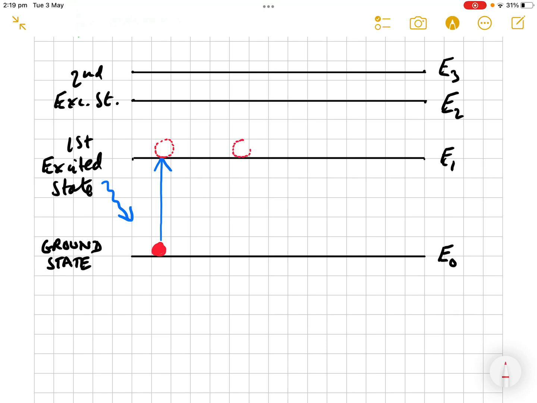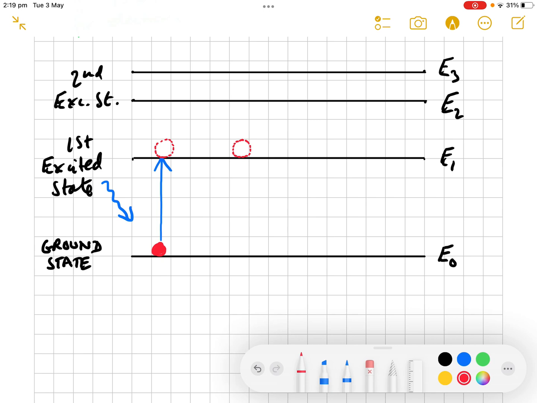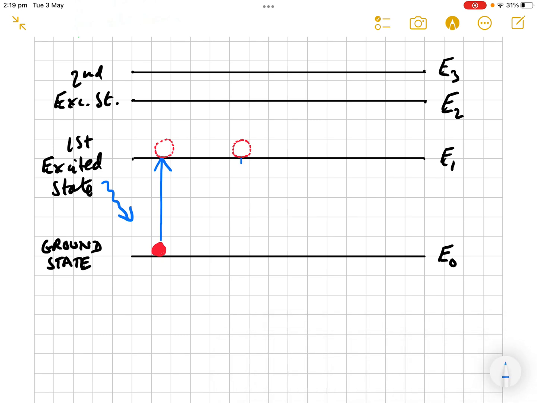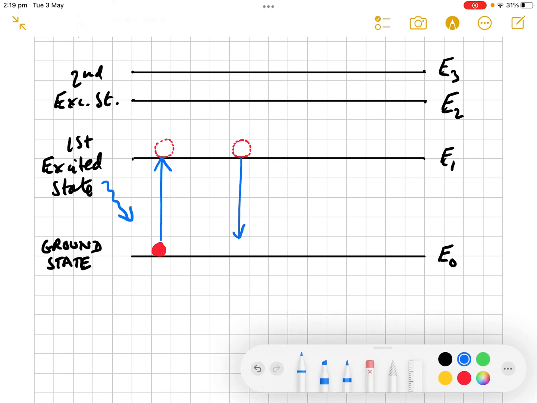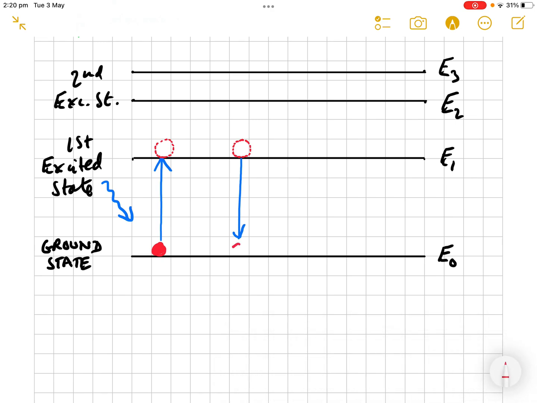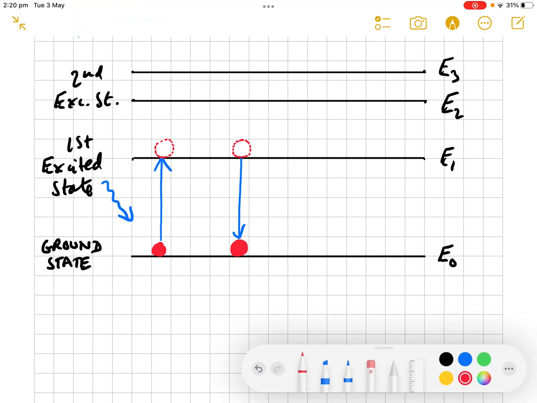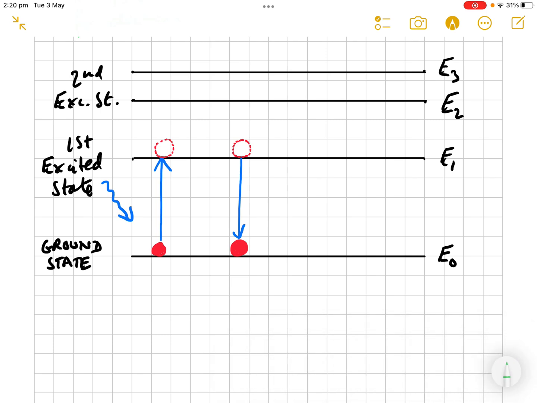When it's promoted in this upwards transition into a more excited state, it's very often unstable up there. And so what tends to happen is it will spontaneously fall back down again, seeking out its lower energy level, which is the natural tendency of systems to go to a lower energy level. And when that happens, a photon is then released.